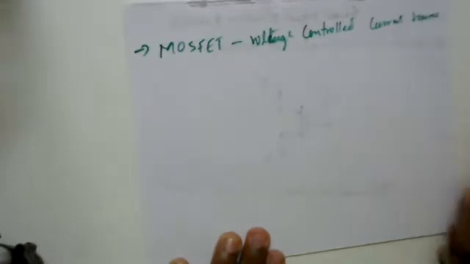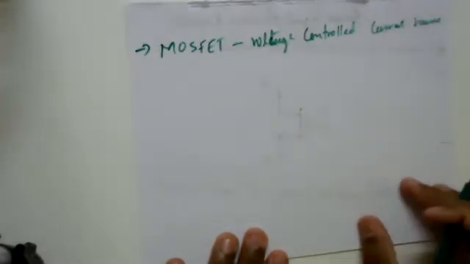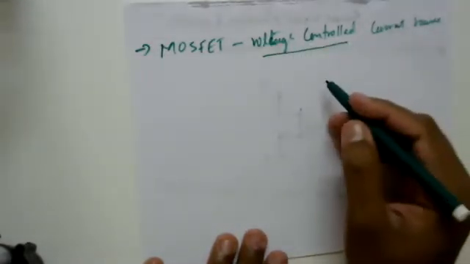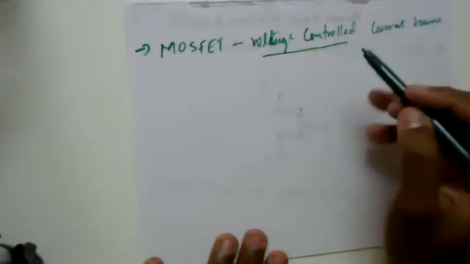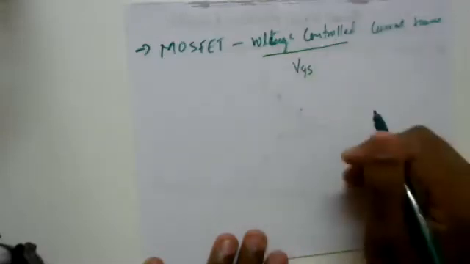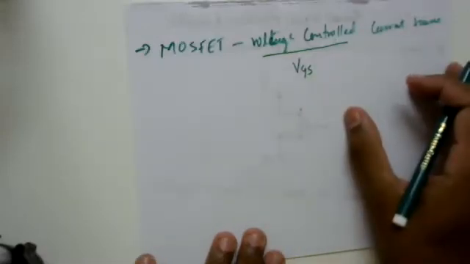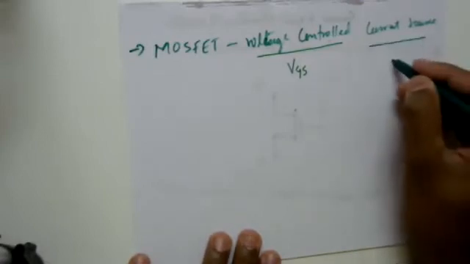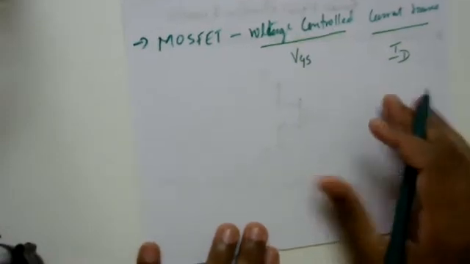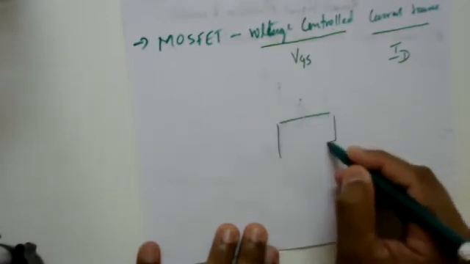This simply means that the voltage control indicates the input voltage applied to the MOSFET, which is nothing but VGS, and the current source seen on the output port is nothing but my drain current ID.